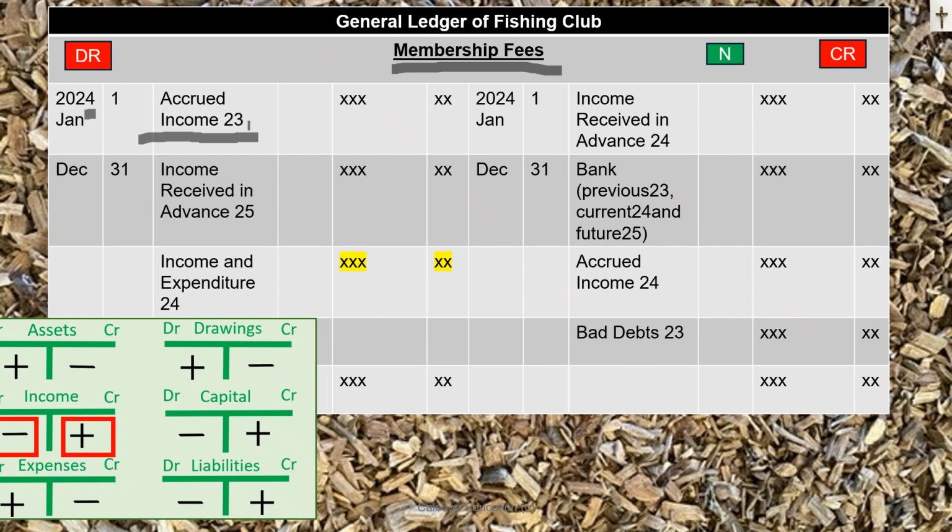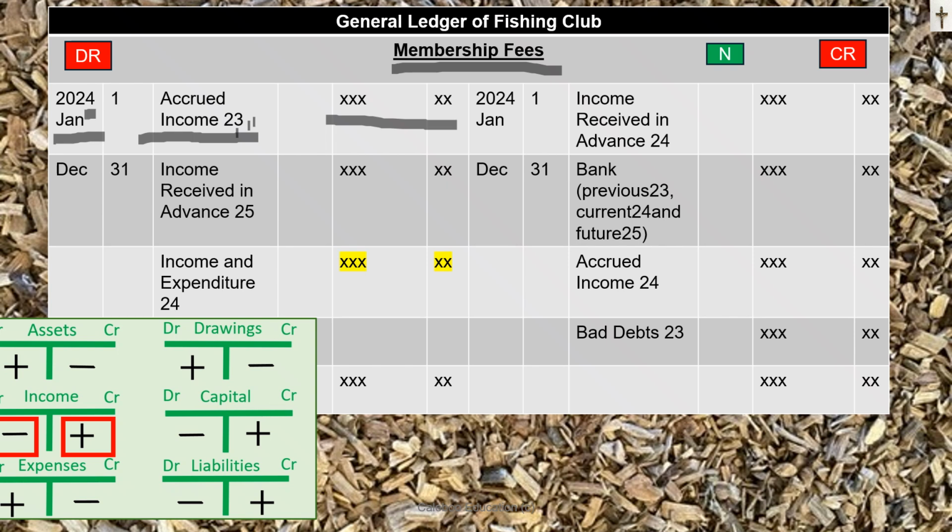At the end of 2023, there were members who were in arrears with their membership fees. They had not paid, but they owed the money, and the income was earned in 2023. So on the first day of the current year, we bring that accrued income amount from the previous year into the membership fees account.